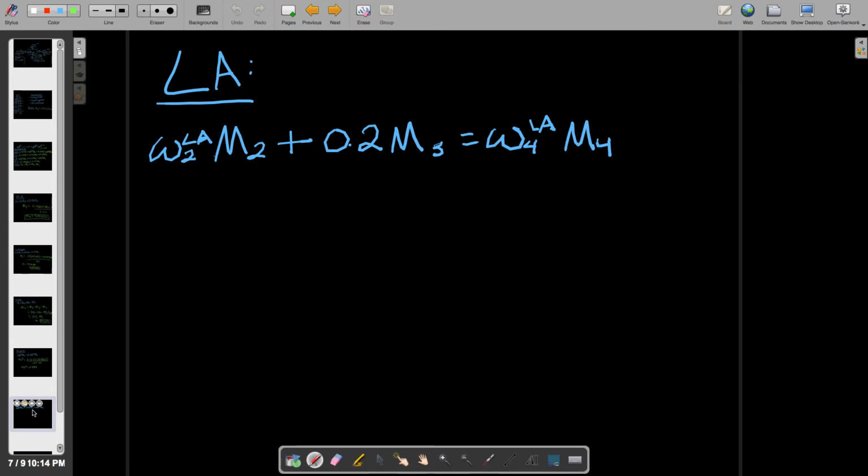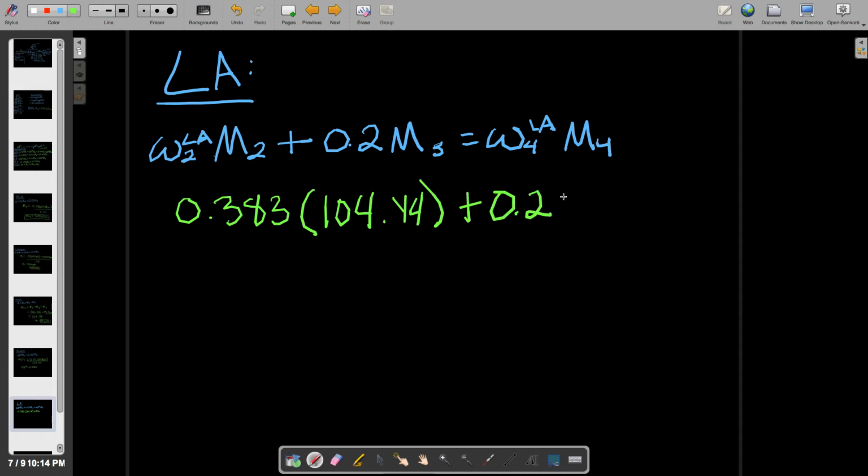Now we can go ahead and use that plugged into the mass balance equation for LA to solve for the mass fraction of LA in stream 4. So we're just going to do the same thing. We're going to plug in what we just solved for. Multiply that by the flow rate in stream 2, plus 0.2 times flow rate of stream 3.